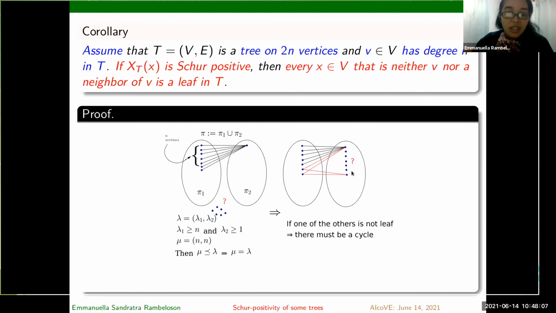Suppose that one of them has more than one neighbor, for instance this one; there must be a cycle here. And that is the reason why these vertices must be leaves in T. All right, and that is the end of this proof.